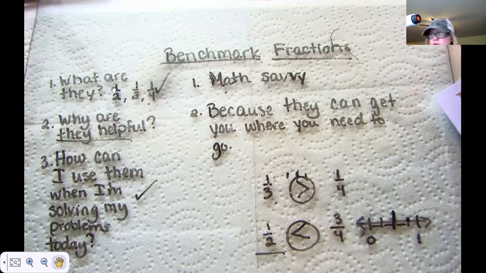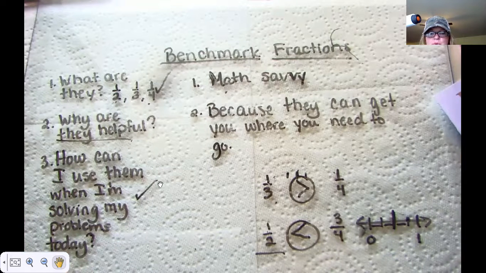So if you need to go back and rewind that or anything, you can. I'm going to have a couple of questions about benchmark fractions and how to use them in comparing fractions, which we were talking about last week, and we're doing that a little bit more today, okay?